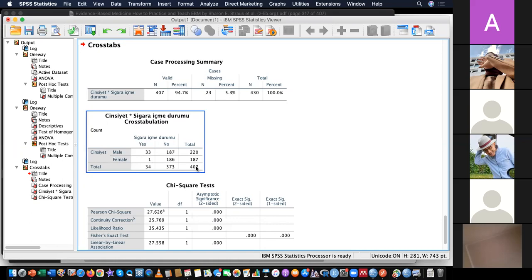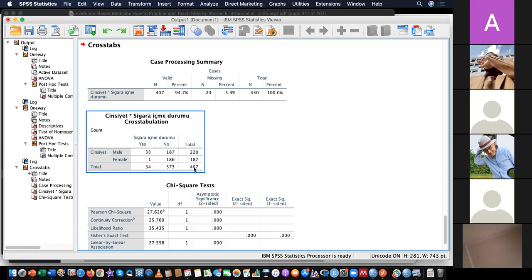In fact, if you have 407, and you know that 220 are male, and there are 34 total smokers, then you could make a calculation. You could make proportions and calculate how many of the males are expected to smoke, right?